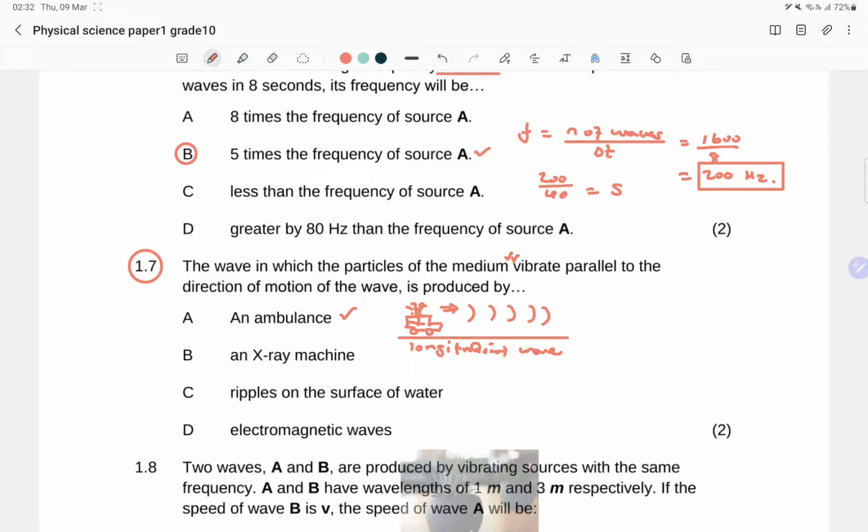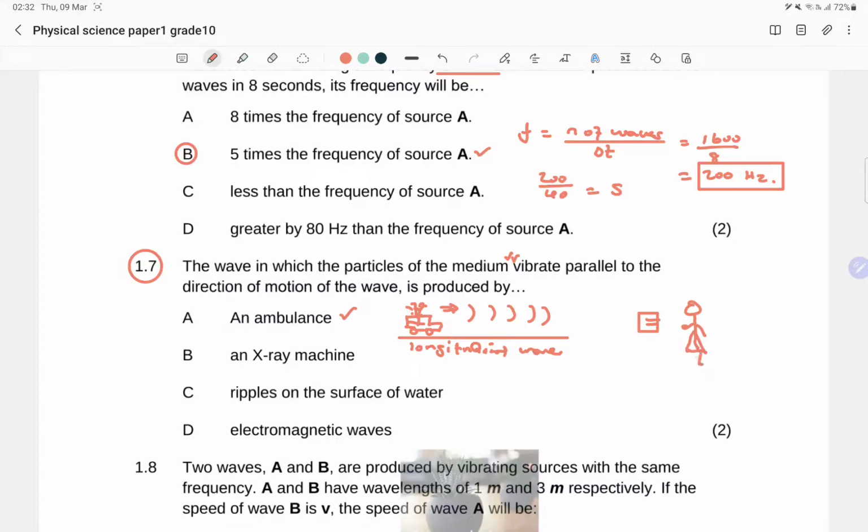what can we say about an X-ray machine? Do you guys know anything about it? I don't know. But what I can tell you is with an X-ray machine, if you think of, say, this is whatever produces the X-ray, and then you have this person standing in front here trying to get a chest X-ray done.